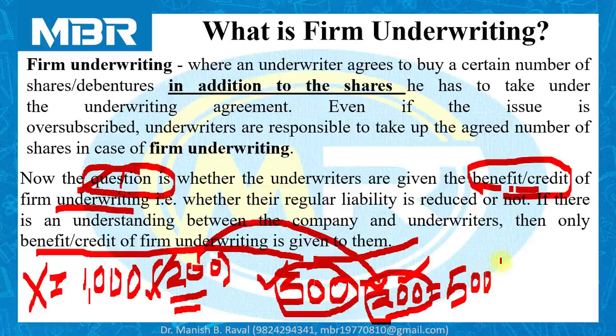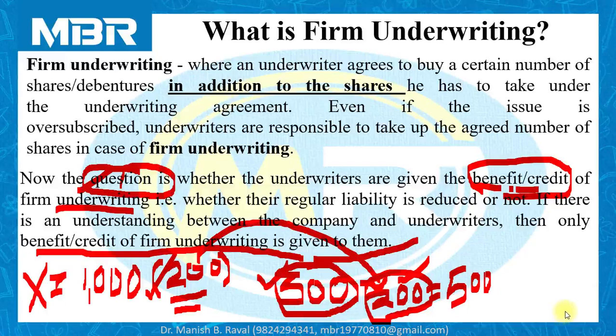Otherwise, we are not supposed to give any kind of benefit or credit to the underwriters for firm underwriting at the time of calculation of net or total liability of individual underwriters.